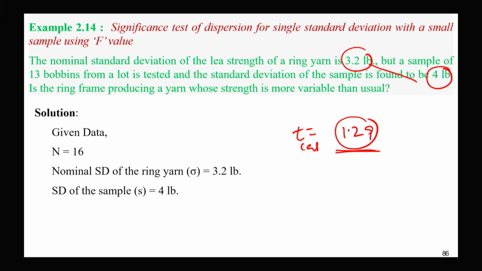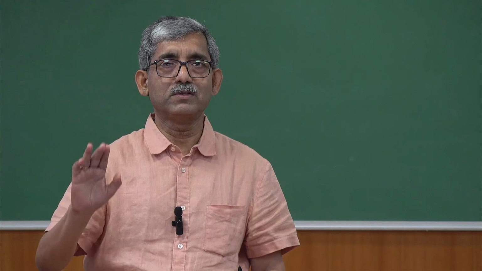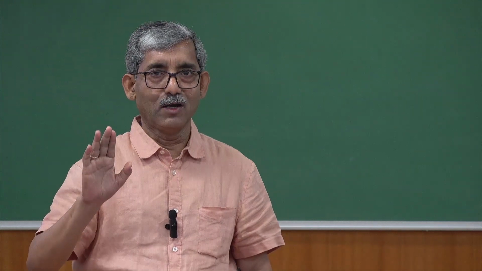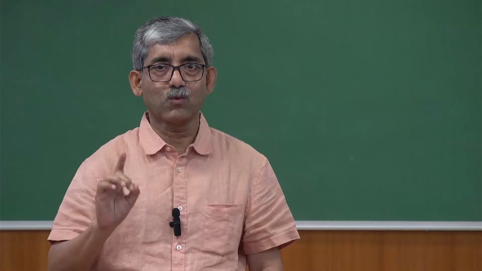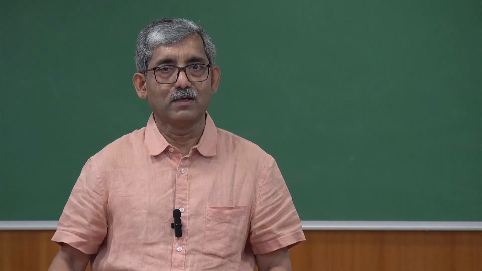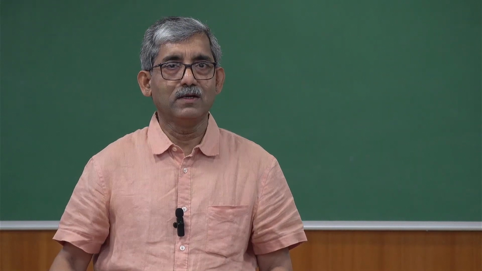So we can use either the f test or the t test, where the t test is more general and we can use it everywhere, but the f test, as we have discussed, has certain limitations. It has to be used for smaller samples; at least one sample should be smaller, both samples cannot be large.